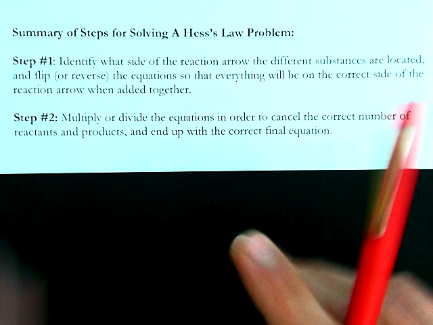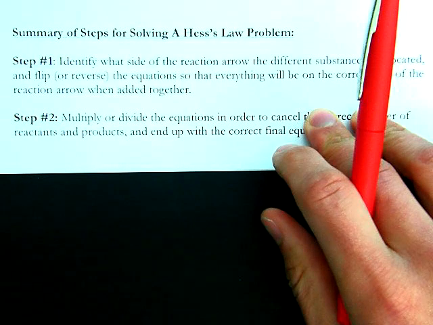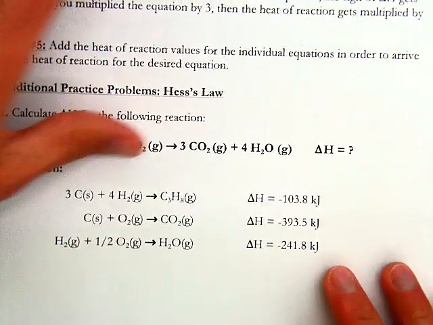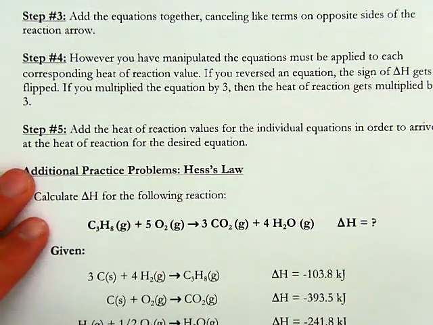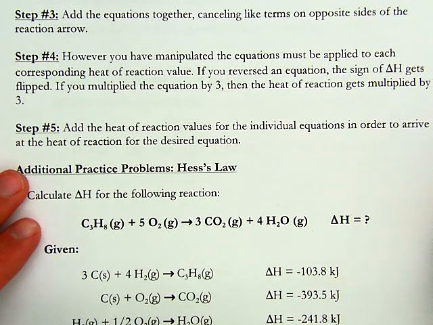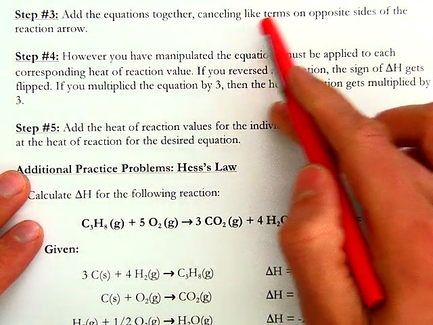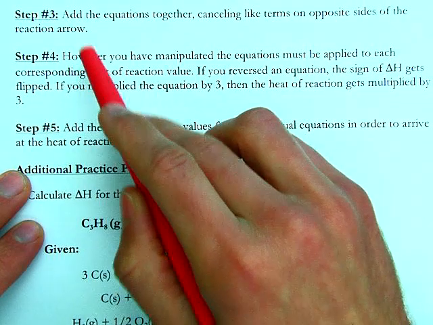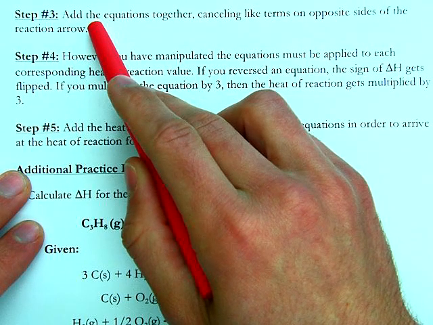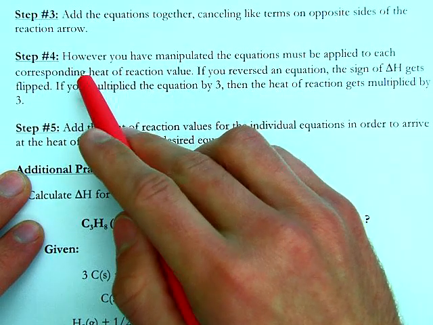Once you have reversed equations and multiplied equations as needed, step 3, you're going to add the equations together and cancel like terms on opposite sides of the arrow.